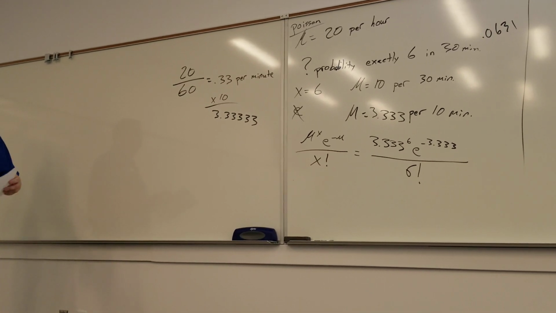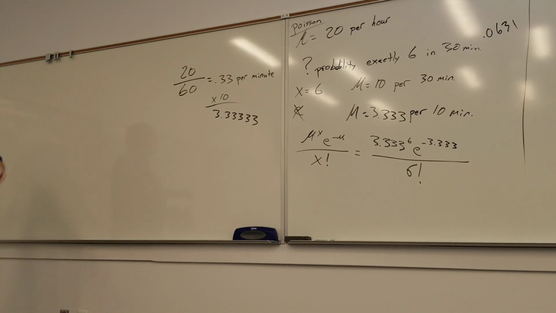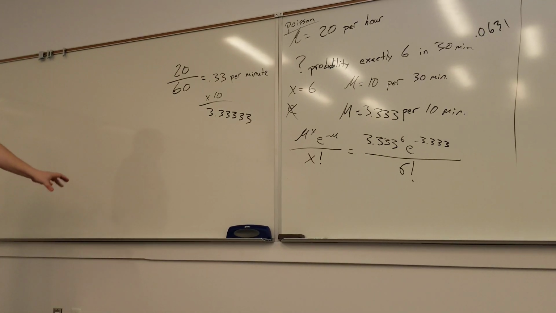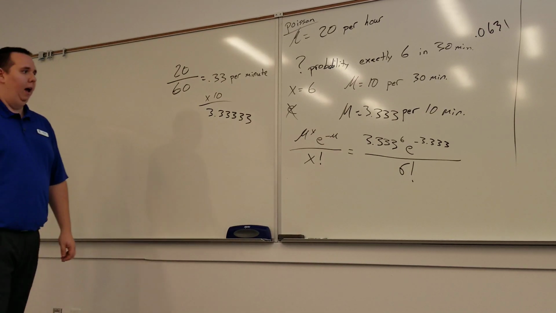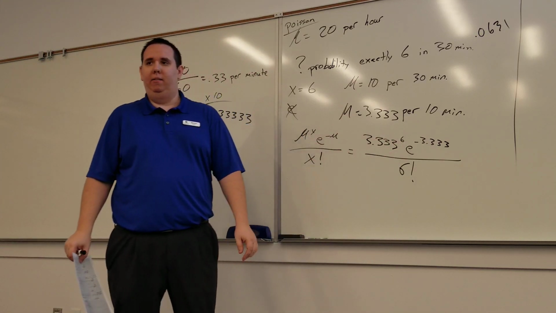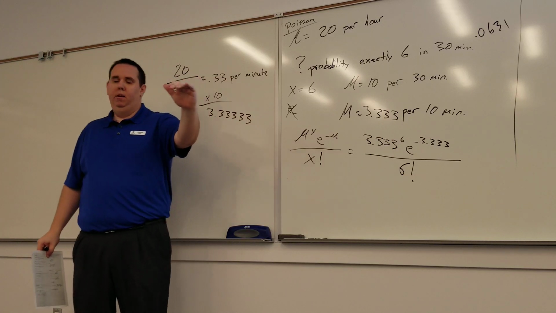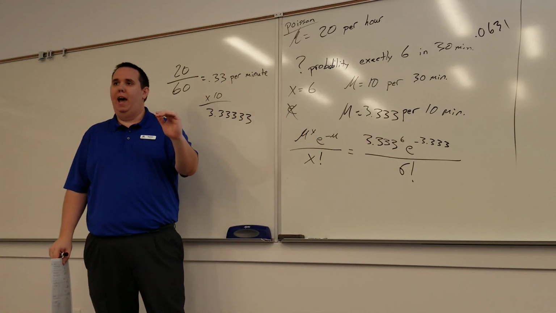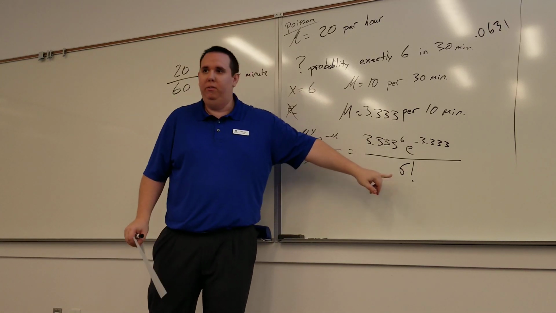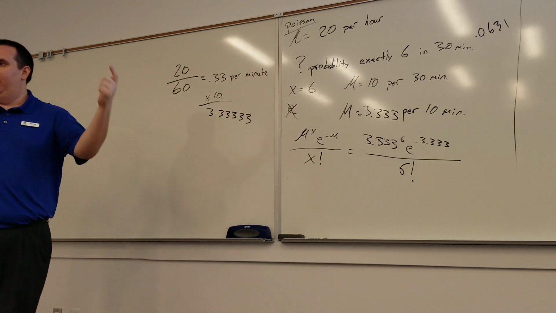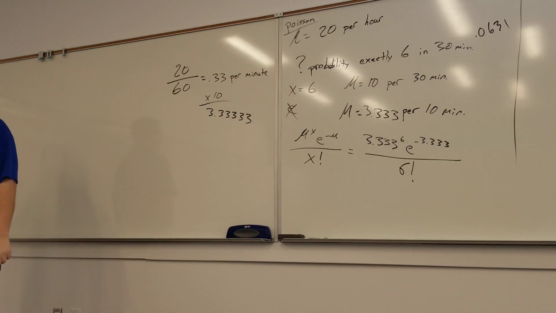Right, so then we just plug in each part that we've already written down. I would recommend doing this in separate steps in a calculator, right? I would first do your mu to the x, find out what that number is. Then do e to the negative mu, find that number, and then do 6 factorial and find that number. And then do the math involved.